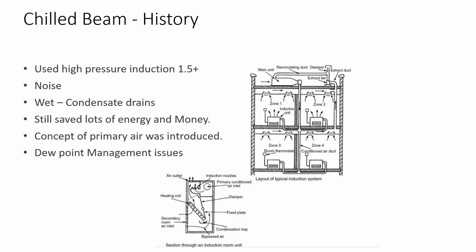There was quite a bit of noise associated with them. And they were a wet device. So not only did we have condensation issues in the condensate pans associated with them, but the drains that came off of these pans also typically clogged and plugged and created all kinds of other issues.